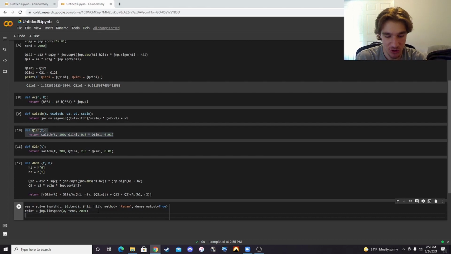And then we need to set a variable to the solution of res, because res is going to be a whole bunch of different things. So we just want to cut out the solution, and I like doing sol for solution there, and we just set that to res.sol, and over that we need to do tplot.